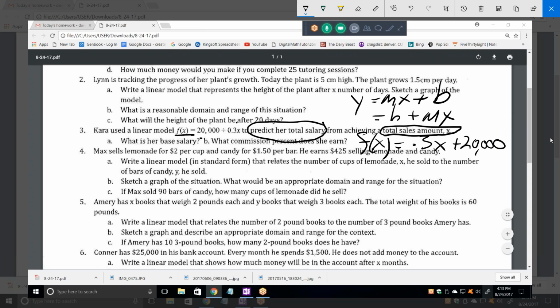So let's say her total sales were $100. Then what's her salary going to be? What's f of x going to be? First of all, let's take this part. What's 3/10 of 100? 30. So 30 plus 20,000, 20,030. That's what her income would be if she only sold $100.